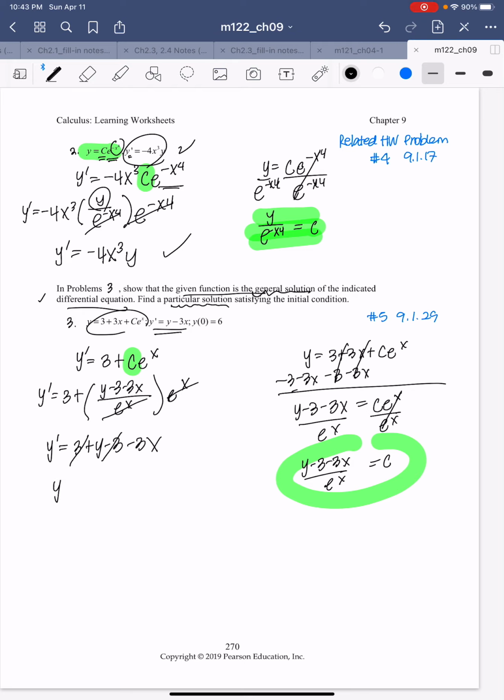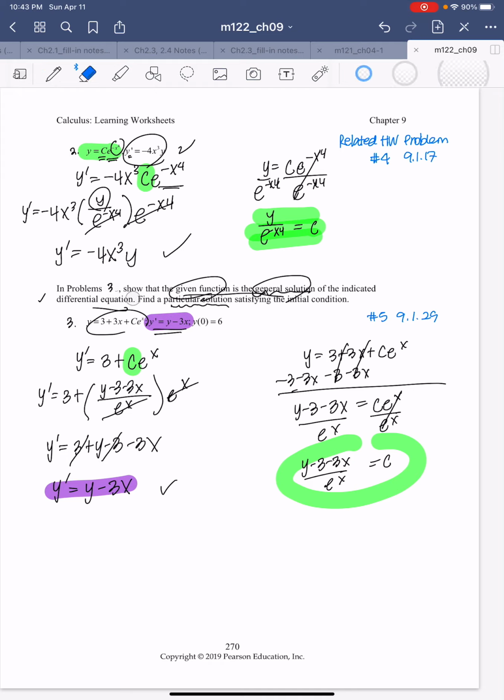The 3's cancel out, so I get y prime is equal to y minus 3x. That's good. I'm getting the same result here and here. So that means our given function is the general solution for our differential equation.